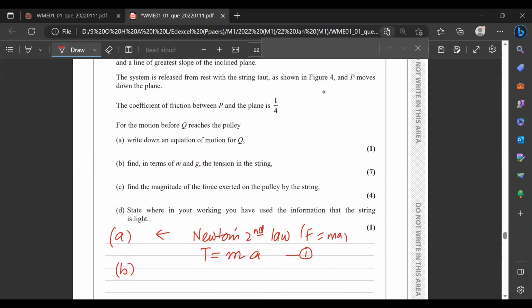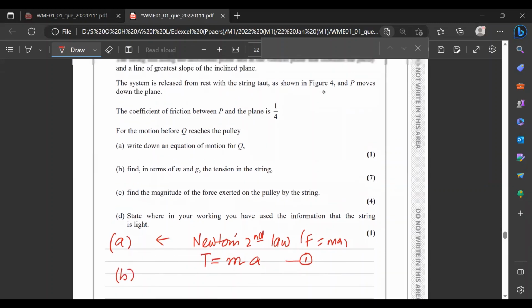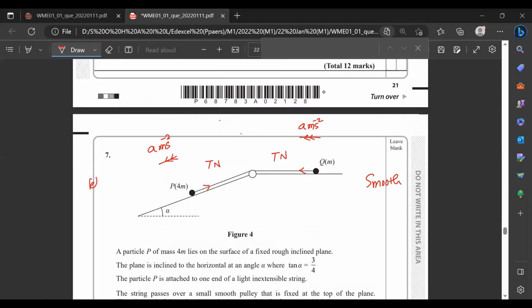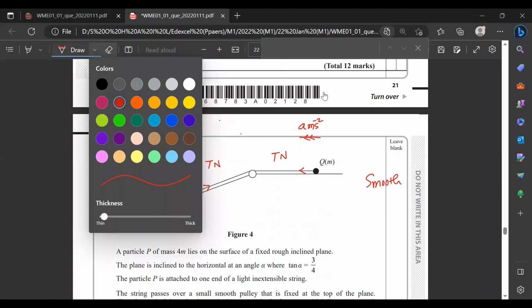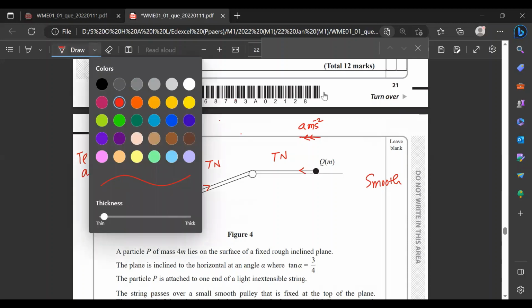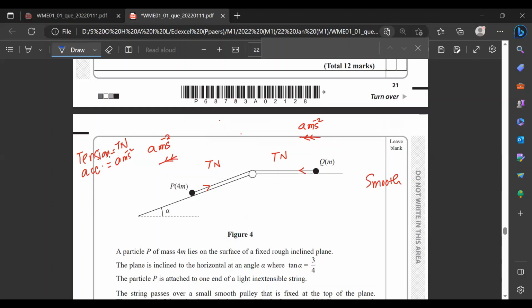The second is find in terms of m and g the tension in the string. The tension is T newtons, and the acceleration I'm using here is a meters per second squared. For the second part, a lot of work is involved. The mass of Q is given.